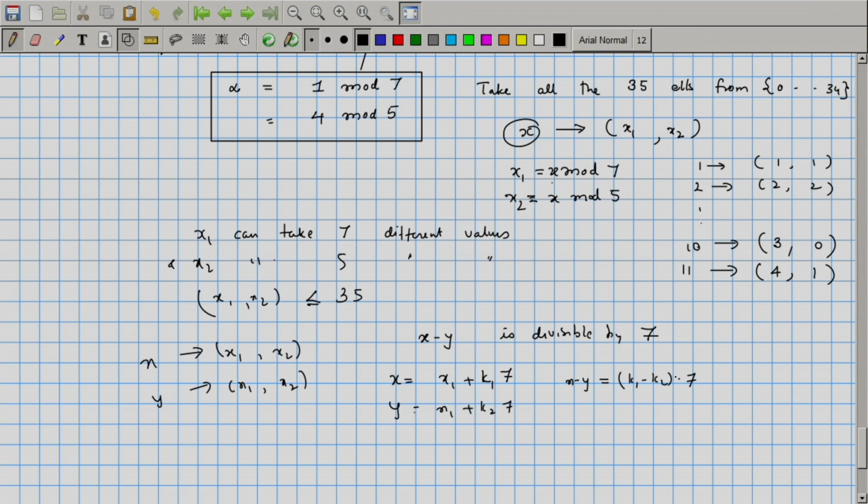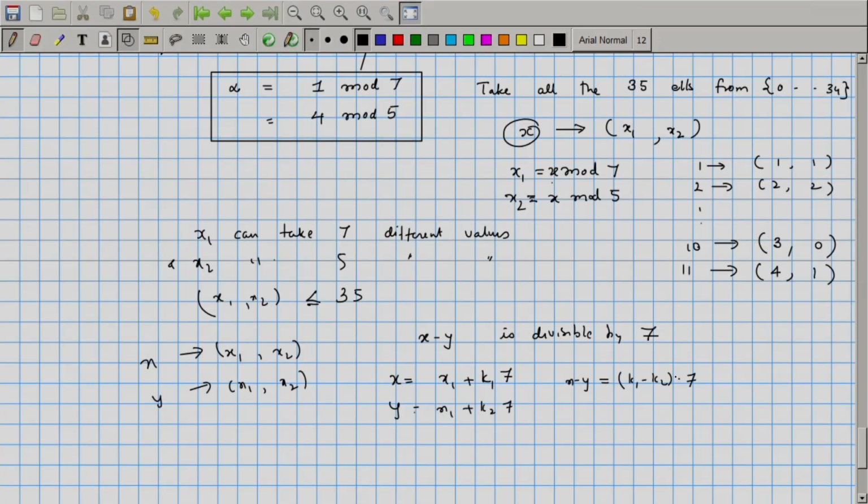Okay. The only number between 0 and 34 which is divisible by 7 and 5 is 0, that means x minus y is equal to 0. Okay. So, we can argue that x is equal to y. In other words, it is impossible that two distinct numbers x and y map to the same pair.